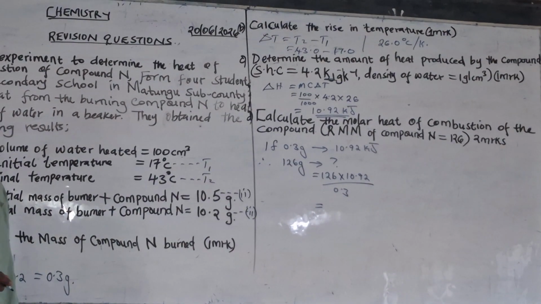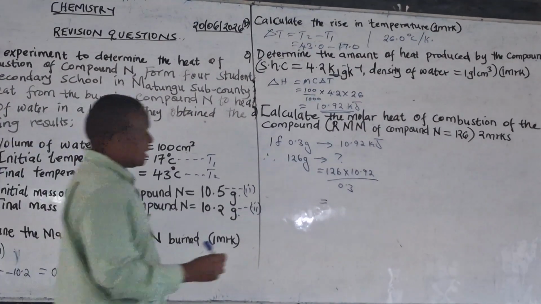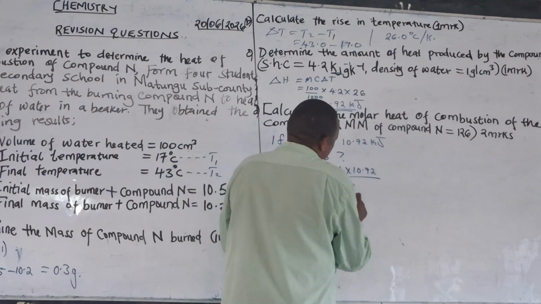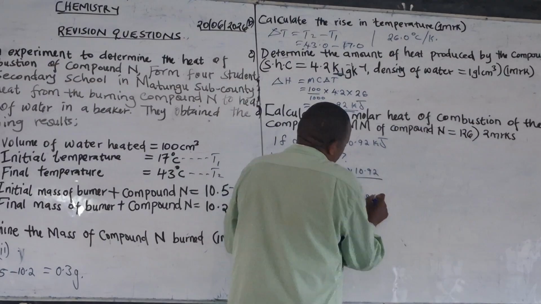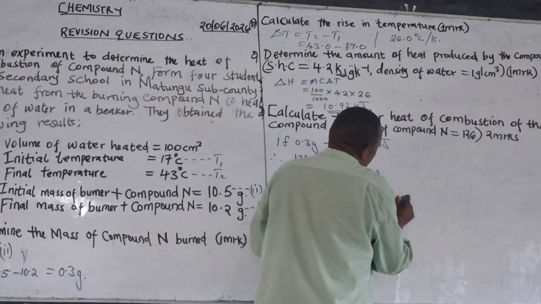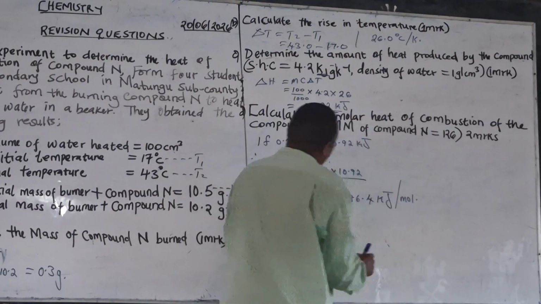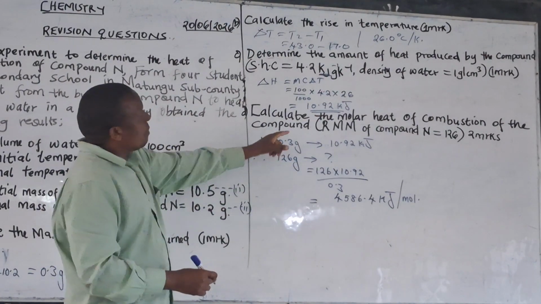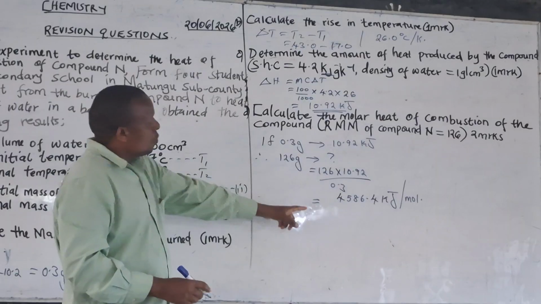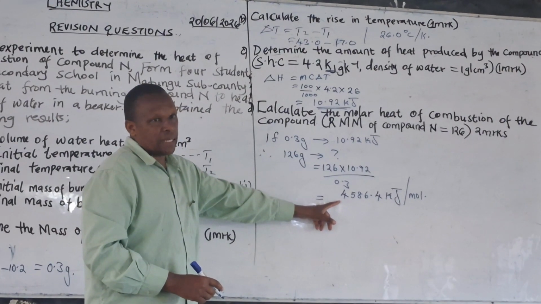We get 4,586.4 kilojoules per mole. Now, when it comes to molar heat change, we must indicate whether the reaction is endothermic or exothermic.